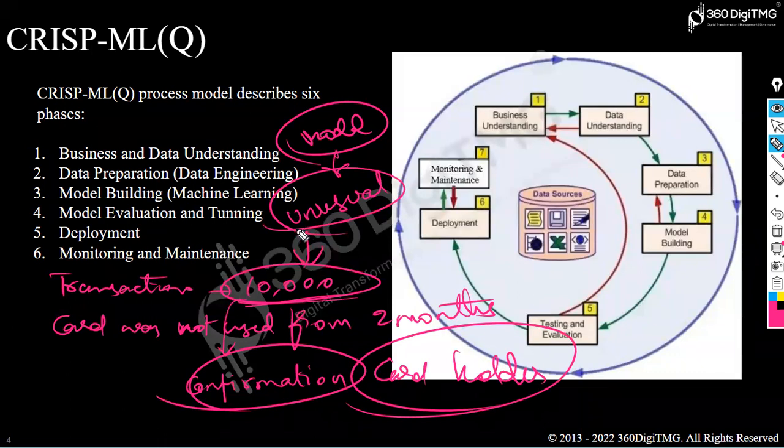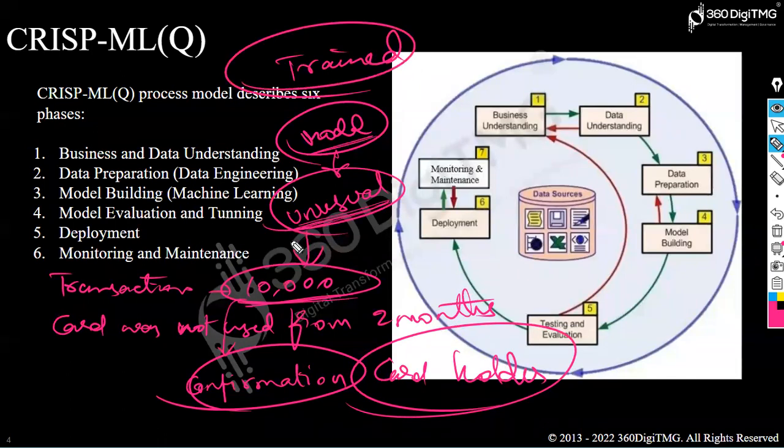Hence, this unusual transaction will be identified by the trained model, which informs the concerned person who is working on the model, and tells them that it is unusual, so contact the cardholder to get a confirmation.